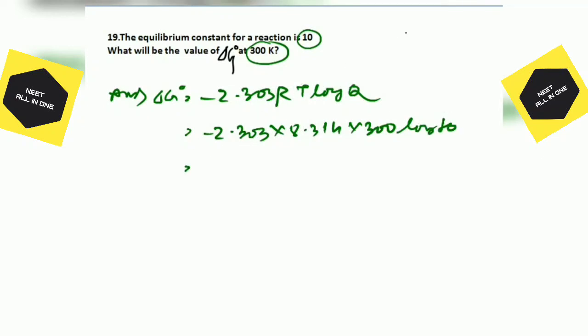What will be the value if we just do it? That will be minus 5.74 kilojoule. Okay, so question number 19 is done.